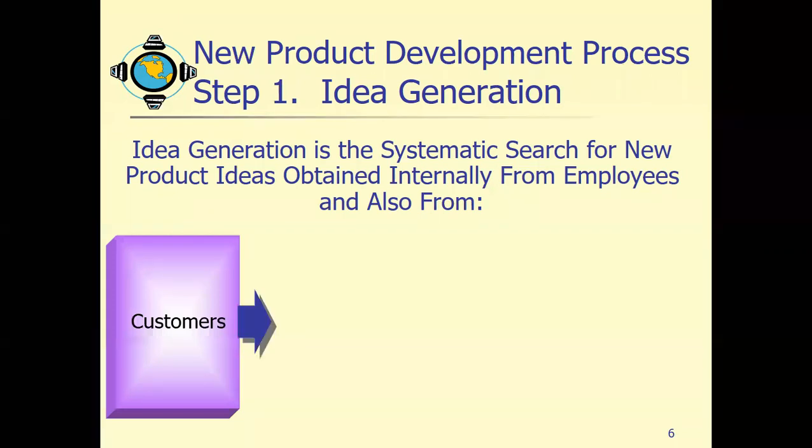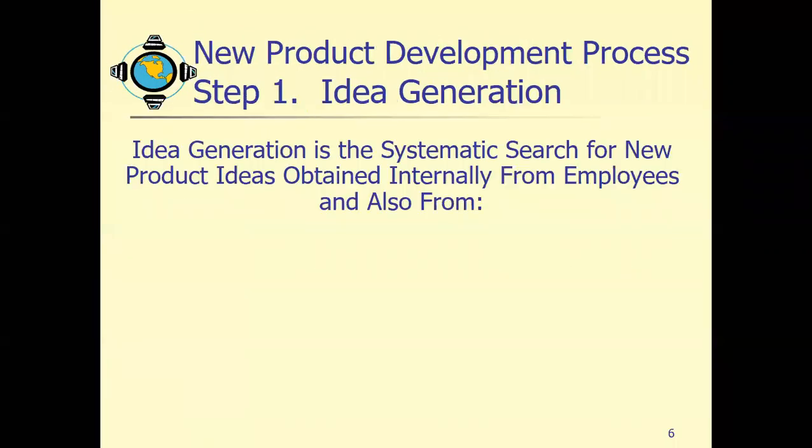So the first one you see is idea generation. What is idea generation? Idea generation is the systematic search for new product ideas obtained internally from employees and also externally.